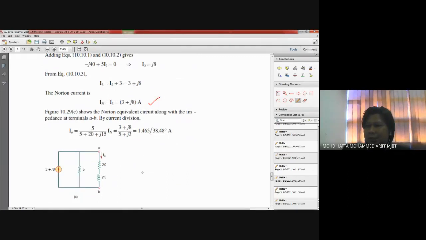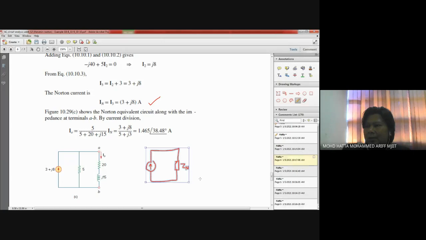This is what happened. We have IN, again we have our parallel connected component of Zn, and we have an open terminal like this, labeled A and B. This is IN.